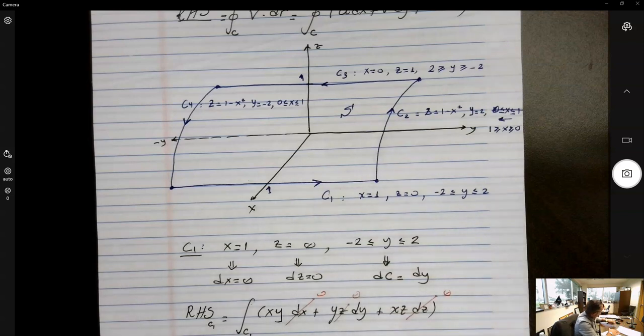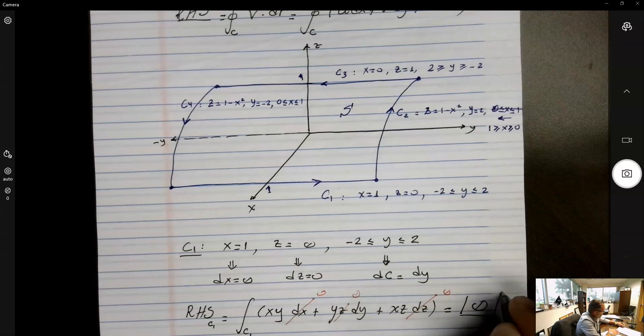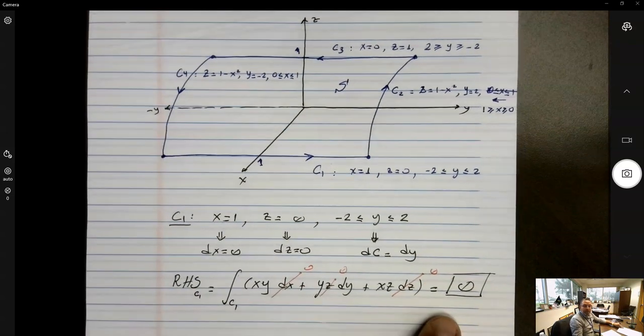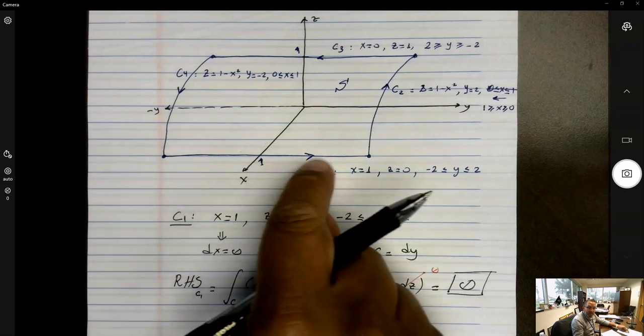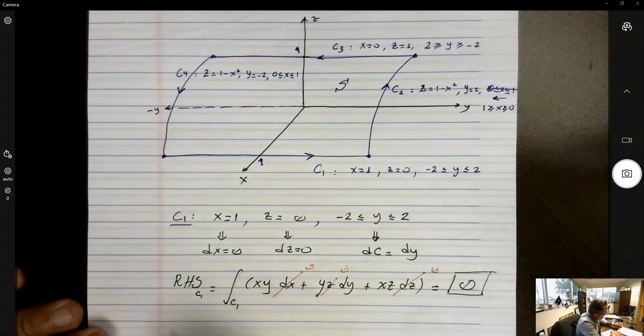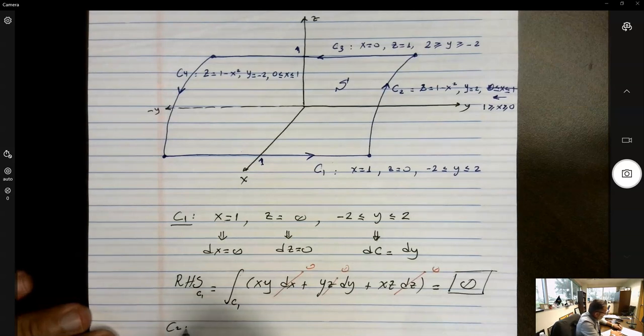So all of that goes away. So that's 0. So there's no contribution of the rotation, the circulation of this flow field along that line. It doesn't circulate.